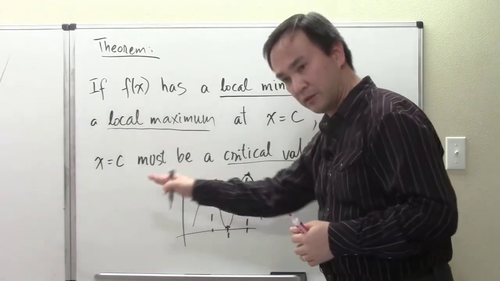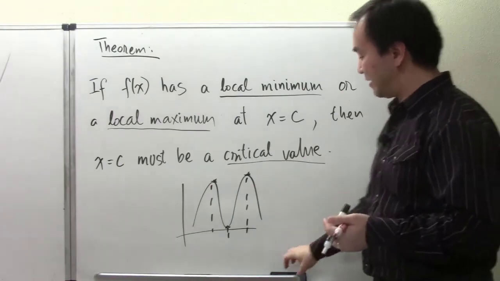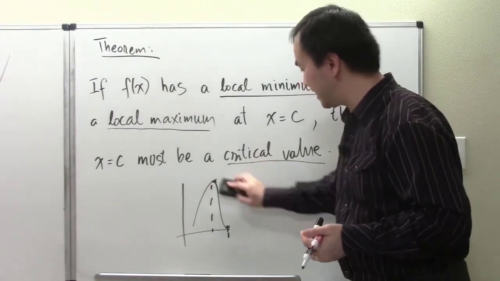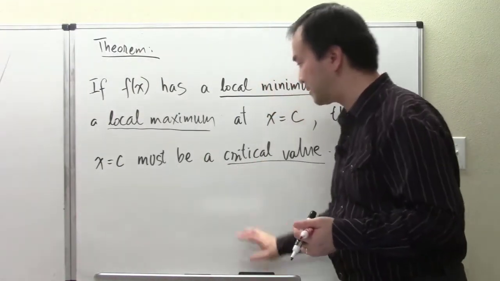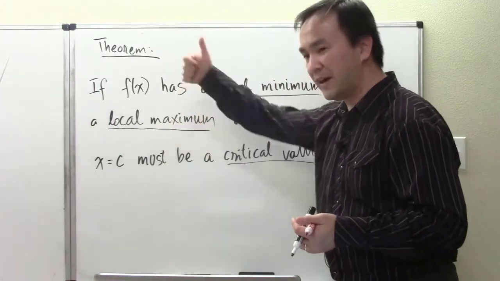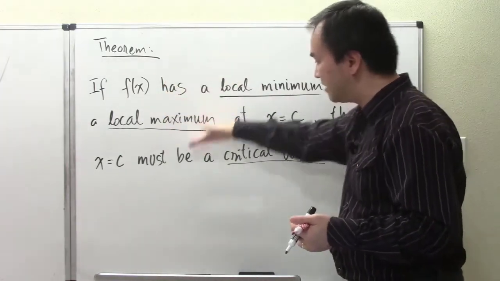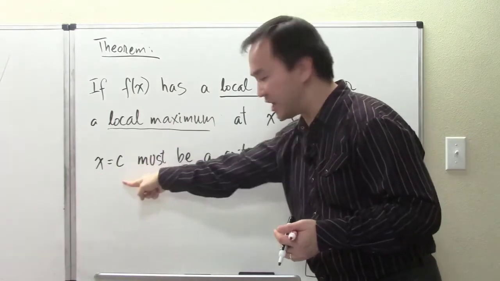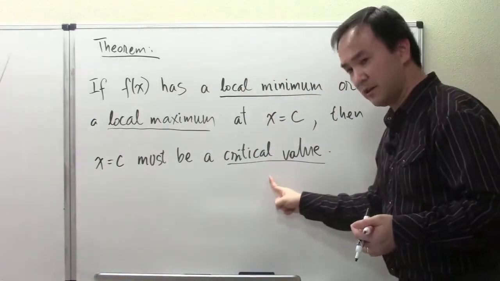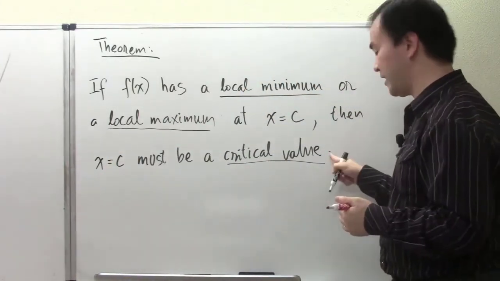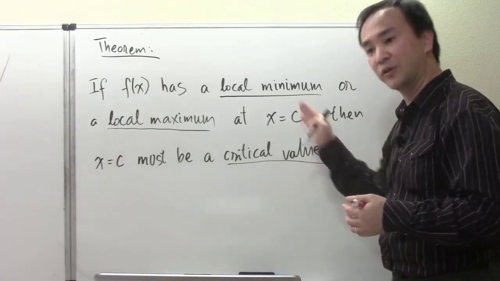must be critical values. In that way, what I was in the middle of saying is that it gives us a way to detect them. To find a local maximum or minimum, the first thing is to get straight into finding all critical values of your function.